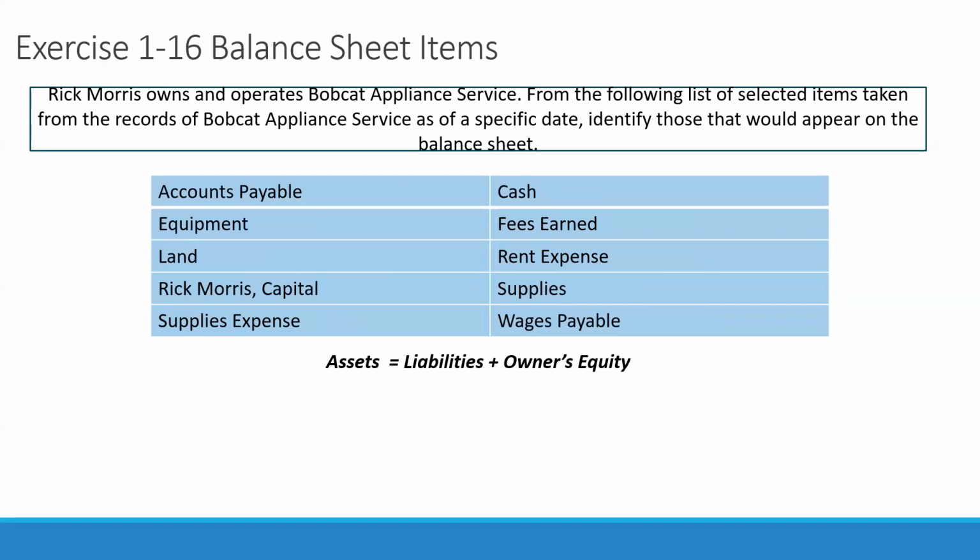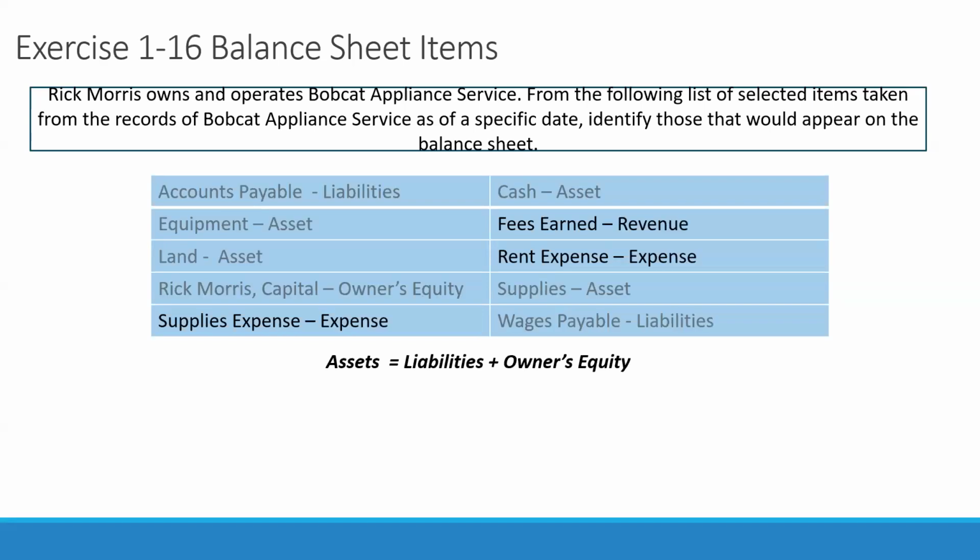And then what would the next one be? Supplies, exactly. And then after that, equipment, exactly. And generally that's because equipment is more sellable or usable than land. And then land would be after that.